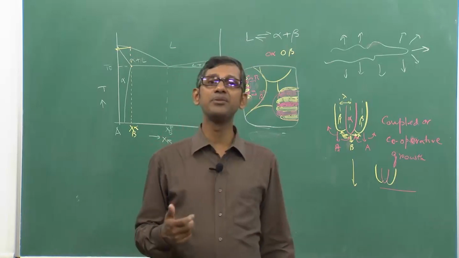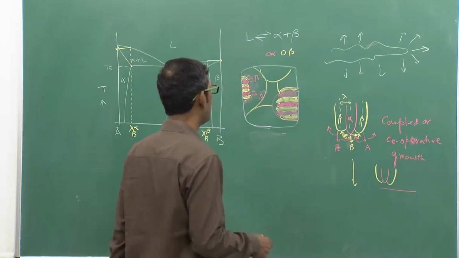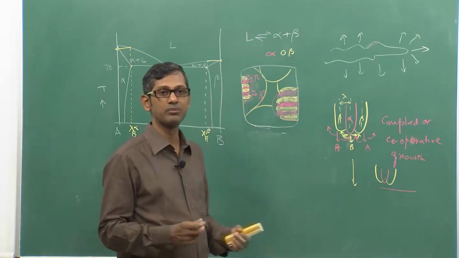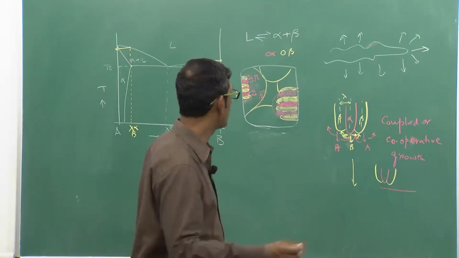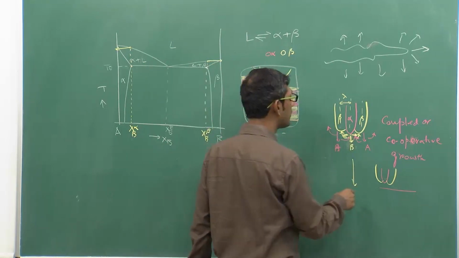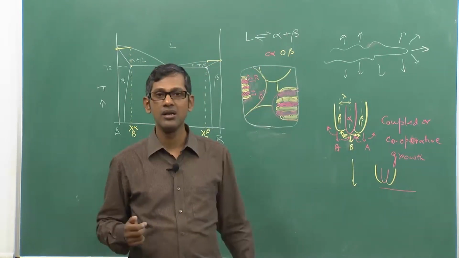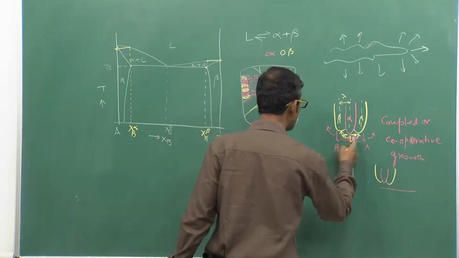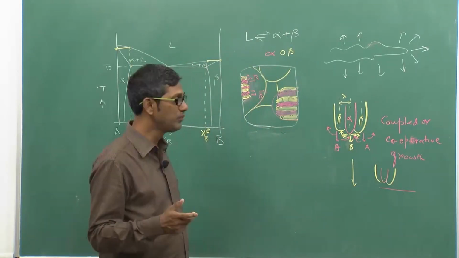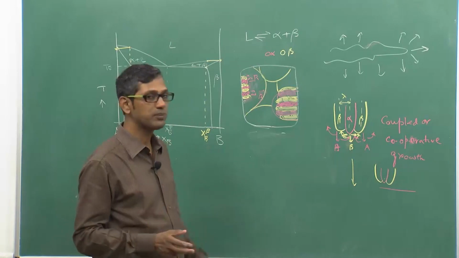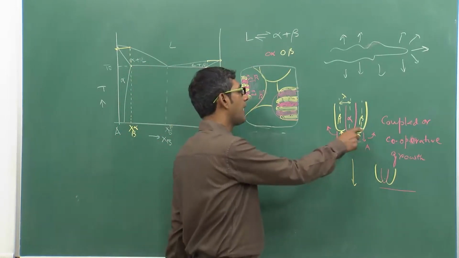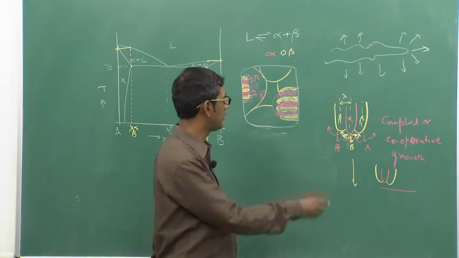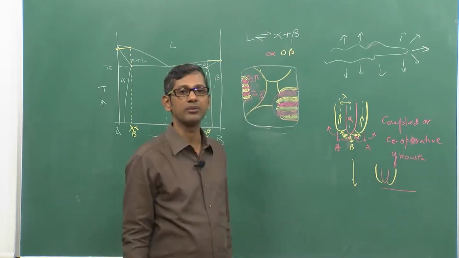That means this is a diffusional process. If these atoms are not able to diffuse easily, the growth of the eutectic front into the liquid will be slowed down. So the growth rate will distinctly depend on how fast these atoms are transported via diffusion across the interface, parallel to the interface rather, okay.